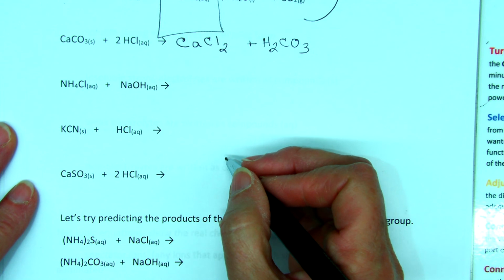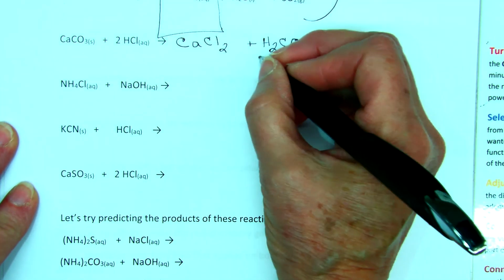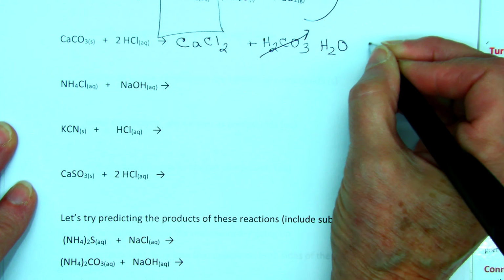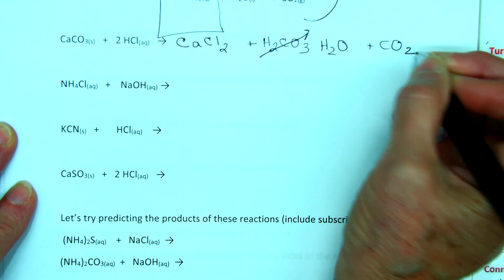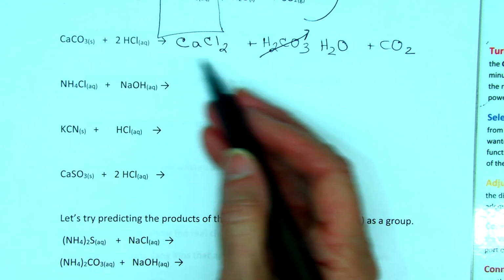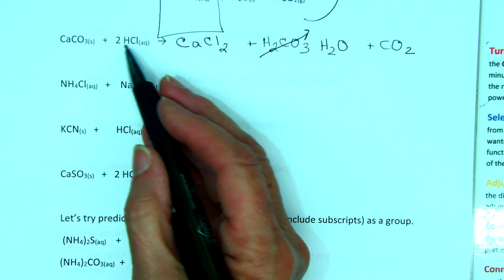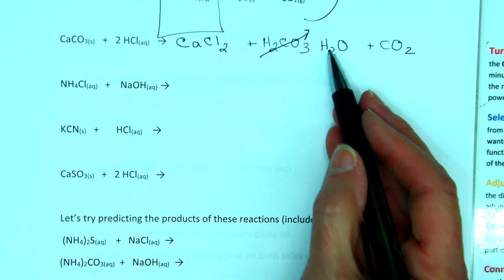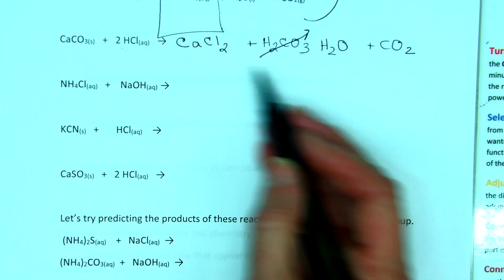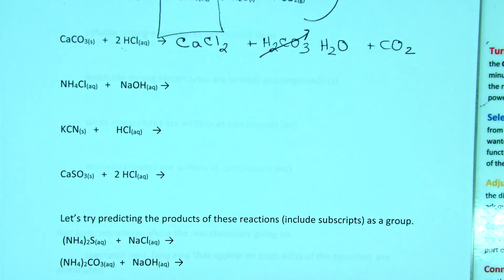Oh wait, that's one of the funny ones. So this actually breaks down, and what I really get is water plus CO2. So now we check our equation to make sure it's balanced. I already put the 2HCl in there. So I have 2 chlorines, 2 chlorines, 2 hydrogens, 2 hydrogens, 3 oxygens, 1 plus 2 is 3, 1 carbon, 1 carbon. So I'm balanced.